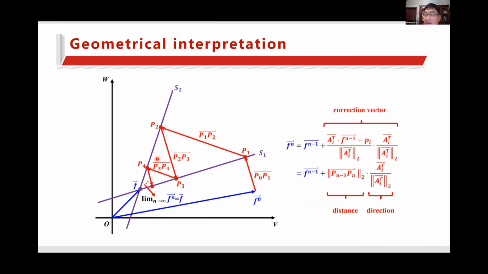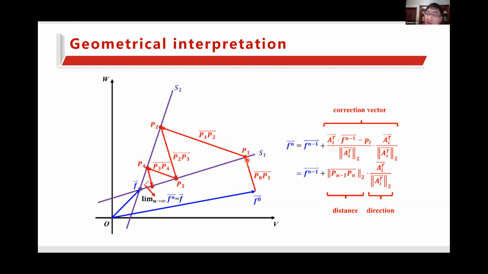How do we understand this process in a geometrical approach? Assume we have 2 equations, and the solution would be the intersection of the 2 lines defined by these 2 equations. First we take an arbitrary guess. The solution is f naught here. Then we do the projection onto the line S1. In this way, we can make our solution agree with the first equation, but it does not satisfy the second equation.